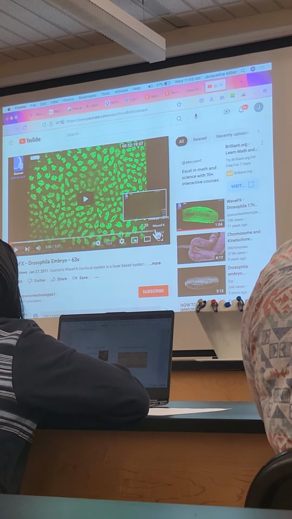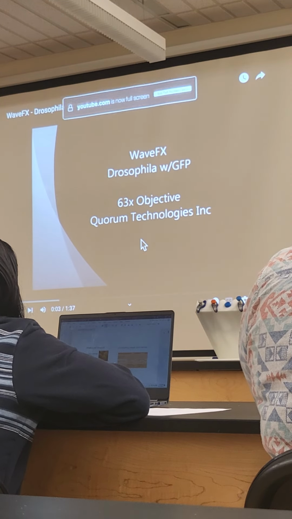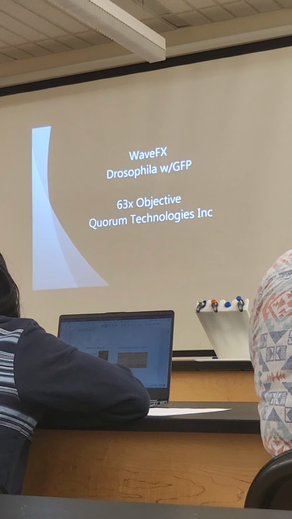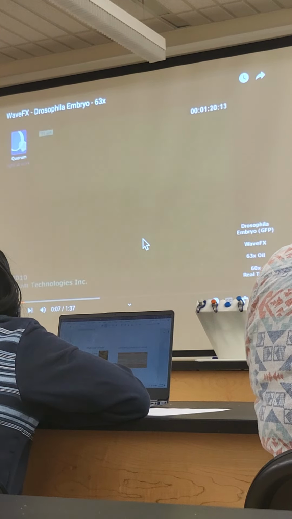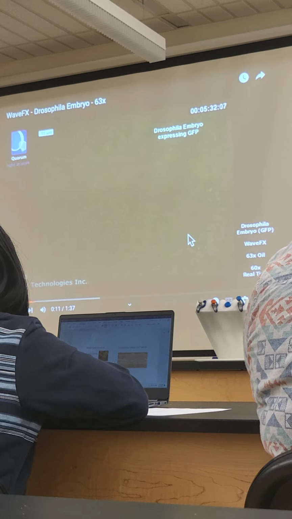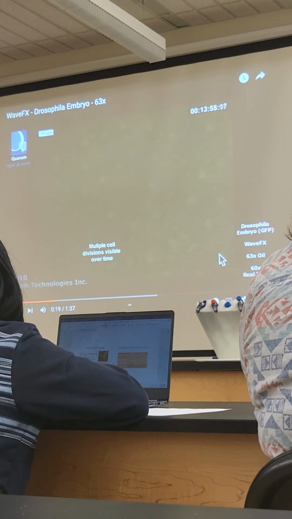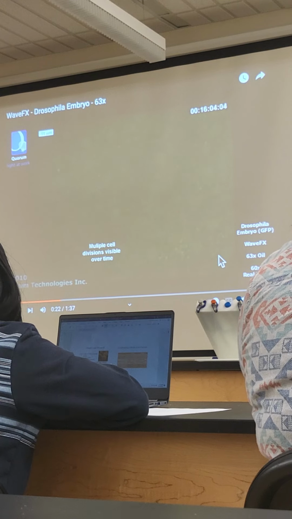So one of the cool things about this is that these cells are multinuclear cells in a syncytium. So it's like a bag of nuclei at one point during embryogenesis. And all of these, you'll see they actually enter into mitosis in a synchronized way. So they all start dividing at exactly the same time.